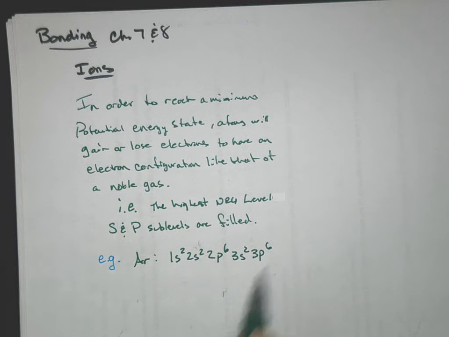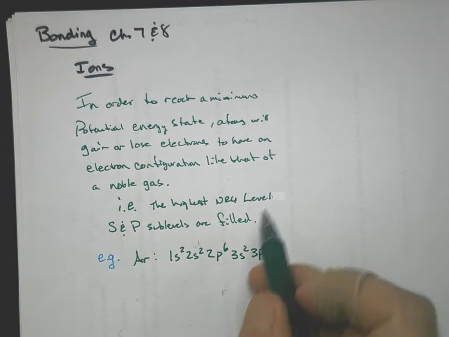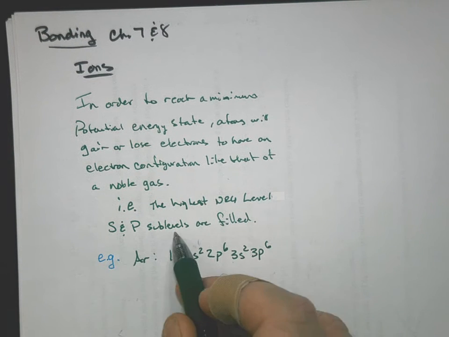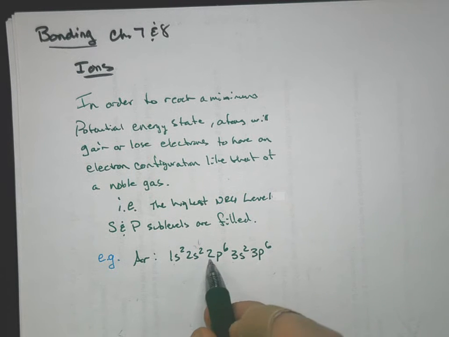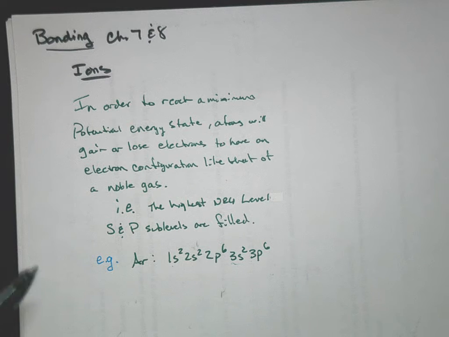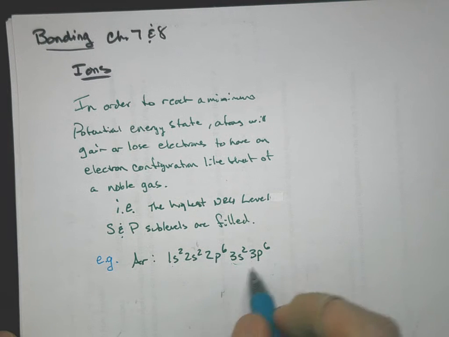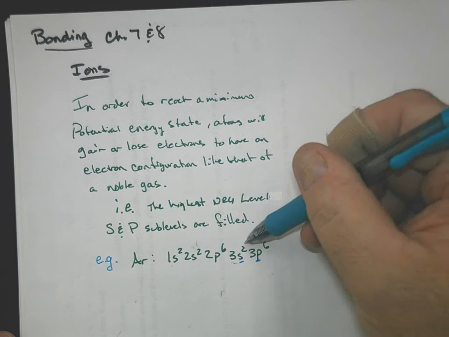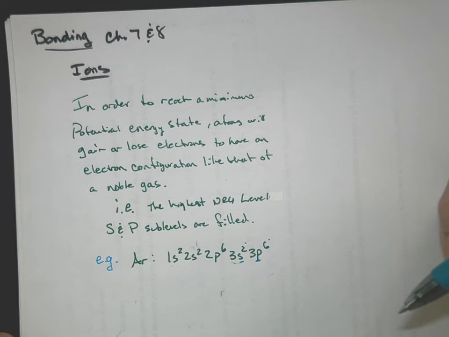We've got 18 electrons, and these guys right here are highest energy level sublevels. Well, 1, 2, 3, these are our highest energy level. All right? And the highest energy level, S and P sublevels, both have the maximum number of electrons.